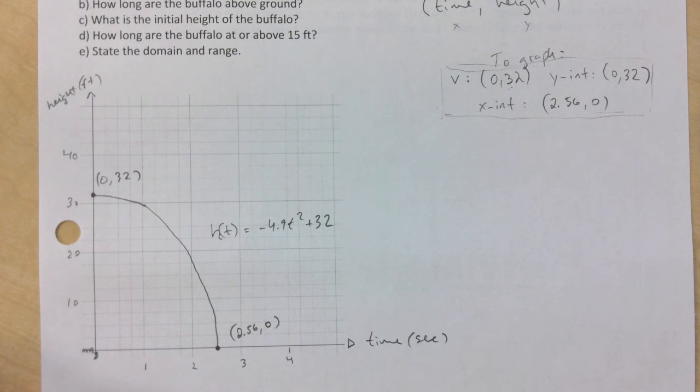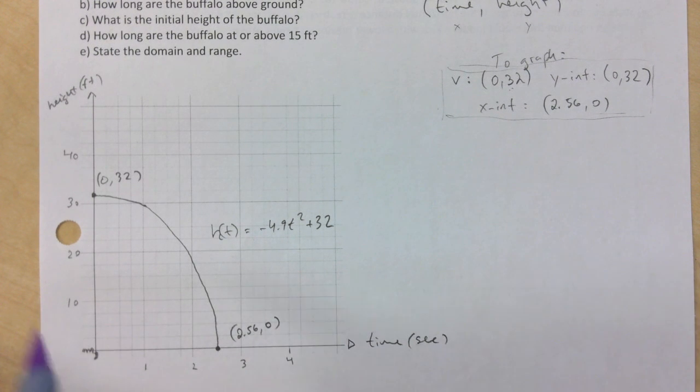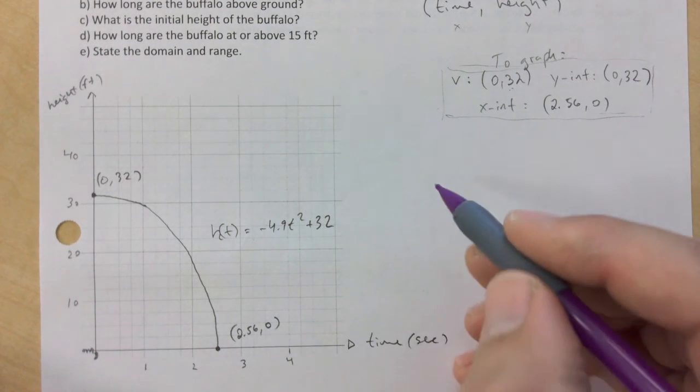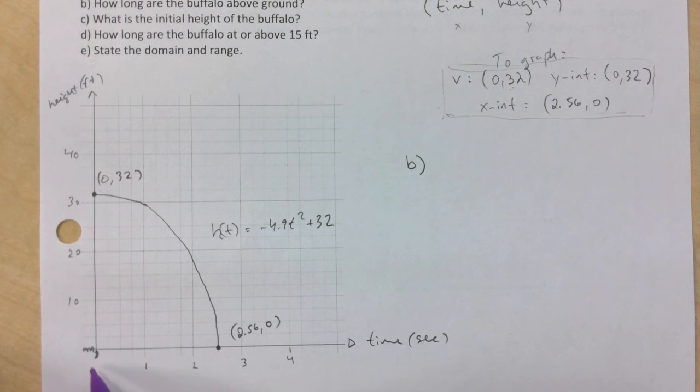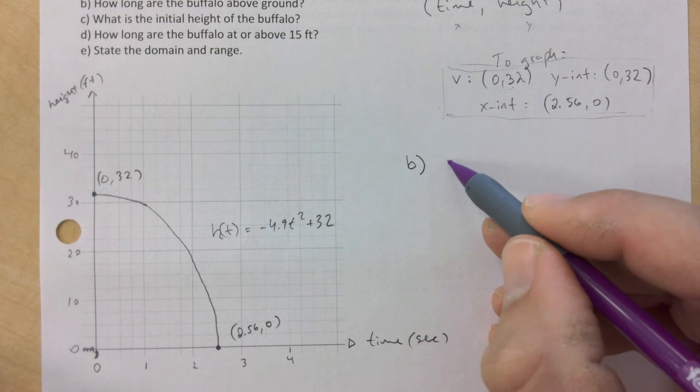Let me just check here. Okay. We're good? All right, so this is the graph. That answers A essentially. How long are the buffalo above ground? How long it would be from time 0. So how about we add a 0 here? From time 0 all the way to 2.56 seconds, right? So that would be the x-intercept.